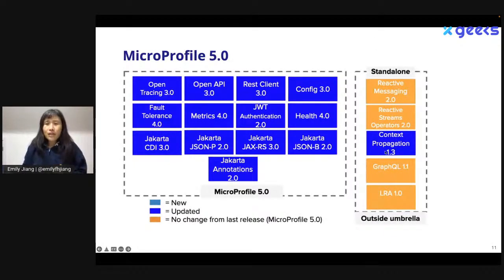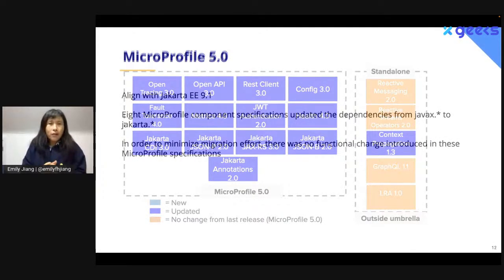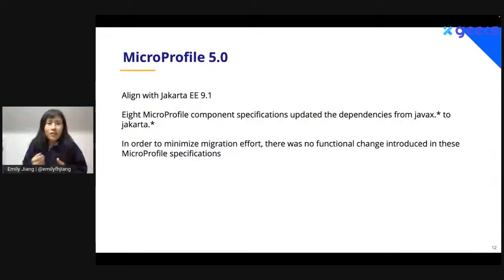For the standalone ones, Context Propagation also did another release to align with Jakarta EE 9.1, while the other 4 specs are also trying to align with Jakarta EE 9.1 at the moment. So MicroProfile 5.0 is aligned with Jakarta EE 9.1, and these 8 component specs update their dependency from javax to Jakarta.